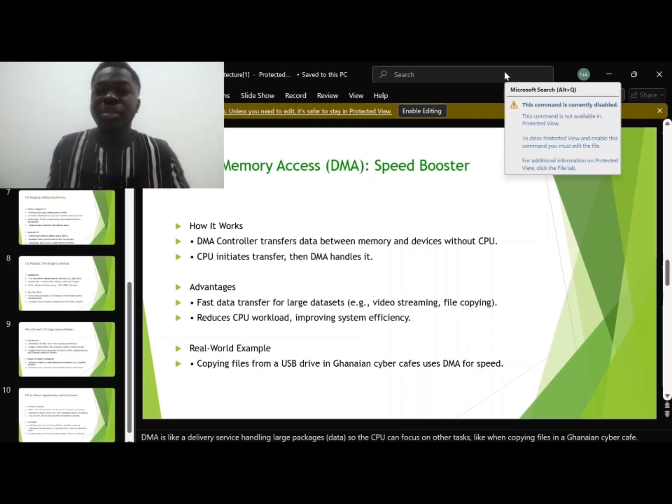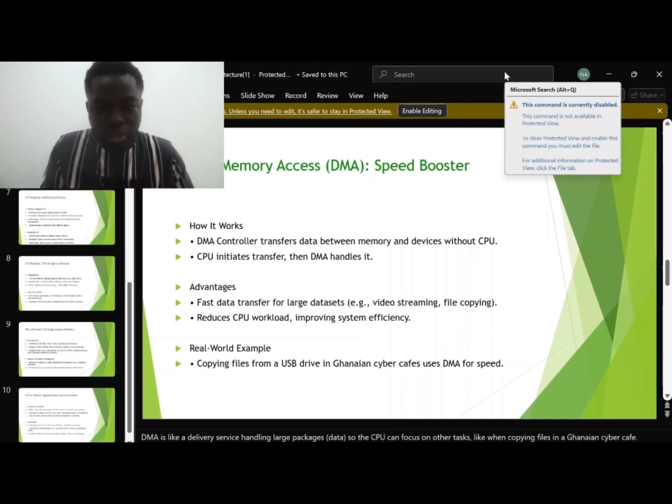Say you're downloading something in the background. If you're also transferring data, it will be slower because of what you're doing in the background. But with direct memory access, it can do it faster because it's mainly for that.